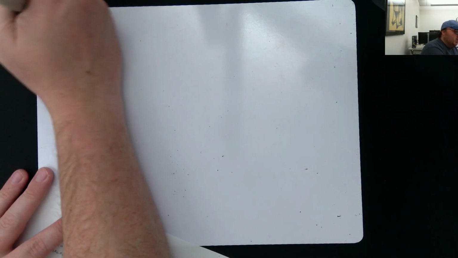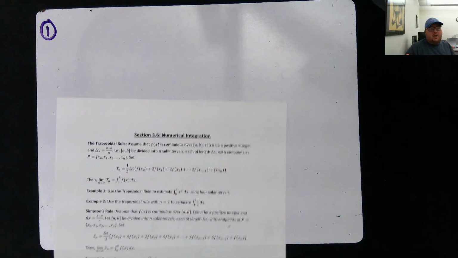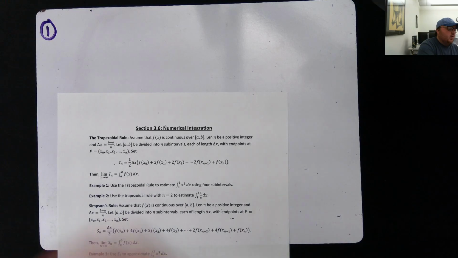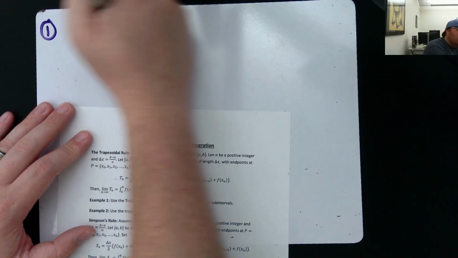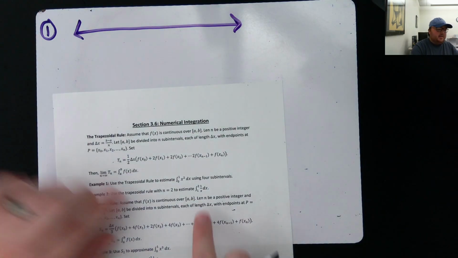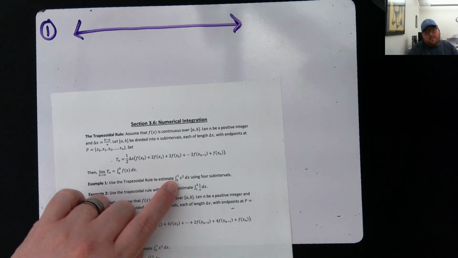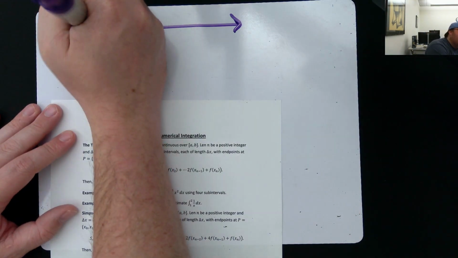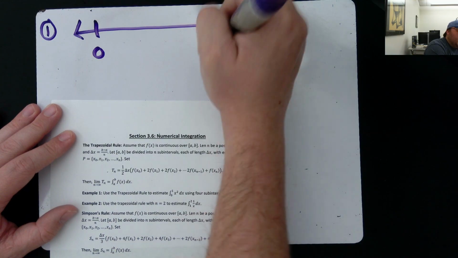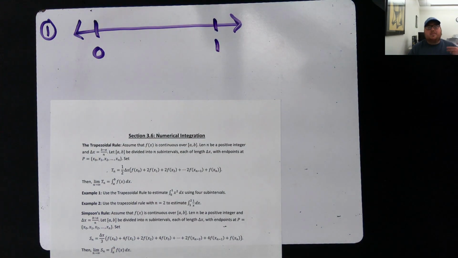So for example number 1, first things first, I want to see what the range is. My starting point is going to be 0, and I'm going to stop at 1. So I'm starting at 0, stopping at 1, and I'm splitting this into 4 parts.